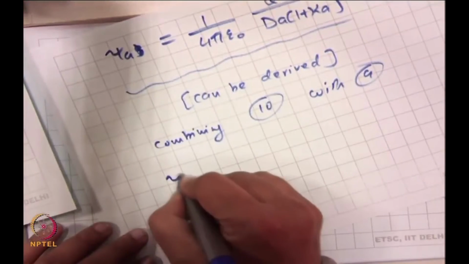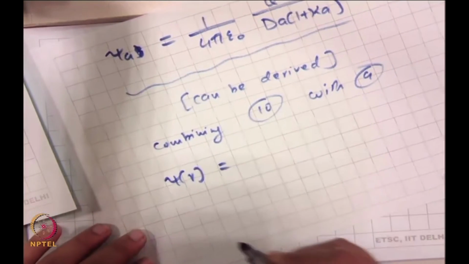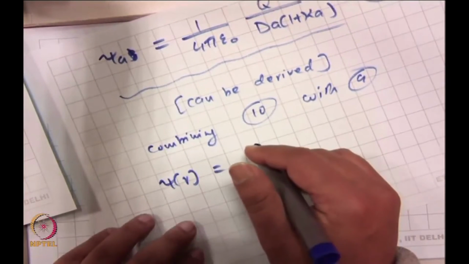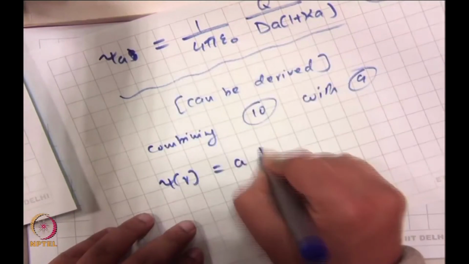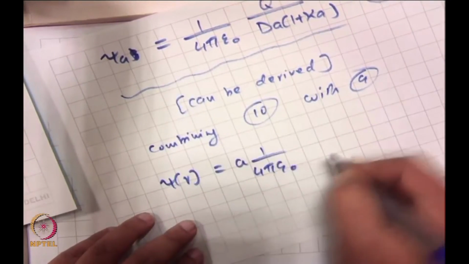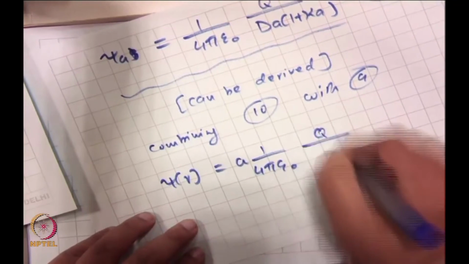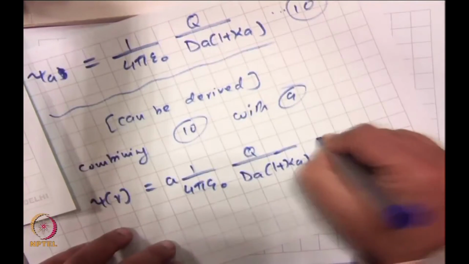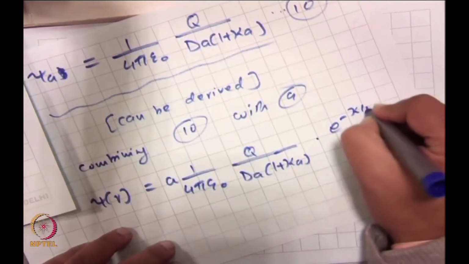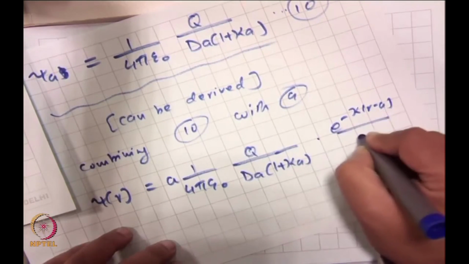So, what I can write is psi of r is equal to, please make sure you follow it, A, then I am putting in psi of A, 1 by 4 pi epsilon 0 q by d of A, 1 plus kappa A, okay. That is my psi of A, then e to the minus kappa r minus A over r.